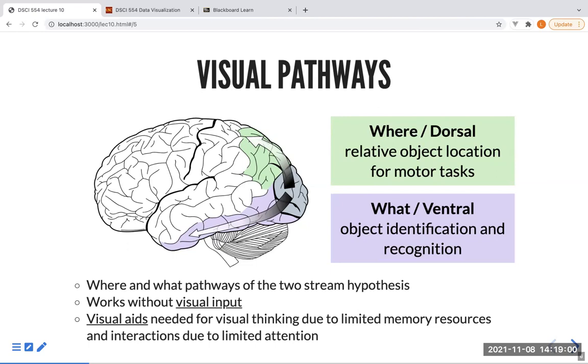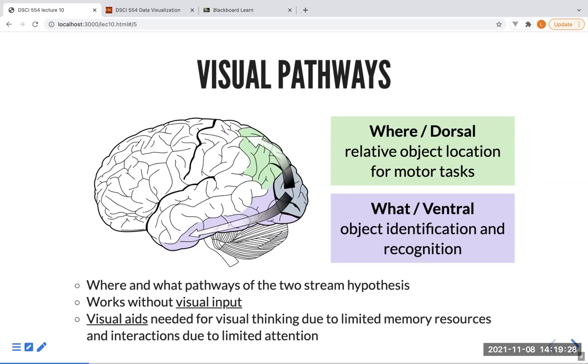And this is the part that is most used when you're trying to grasp an object, and you need to correlate what you're seeing with the position of your hand so that you actually grasp the object and don't close your hand on the air that is nearby.